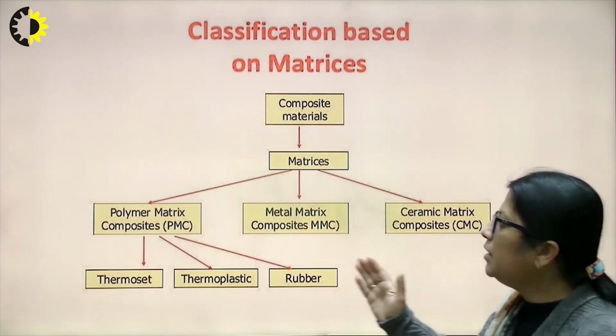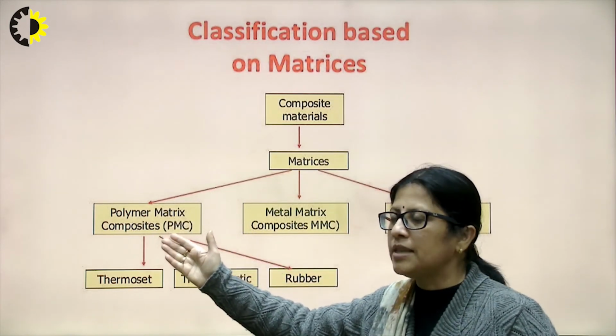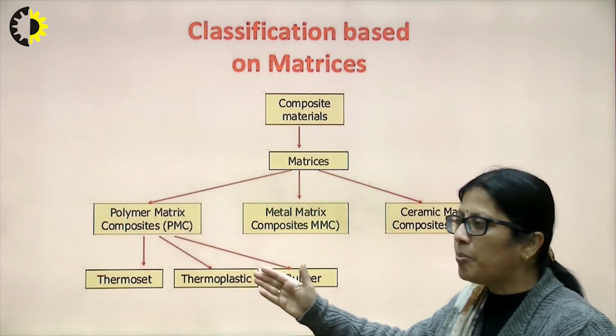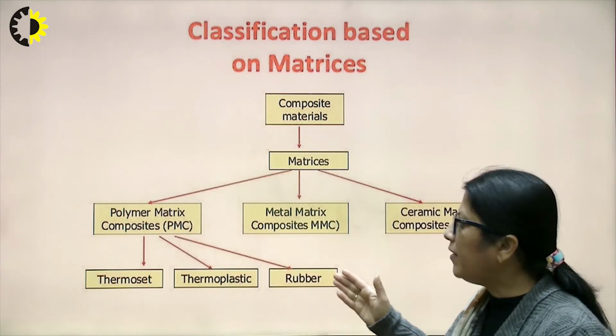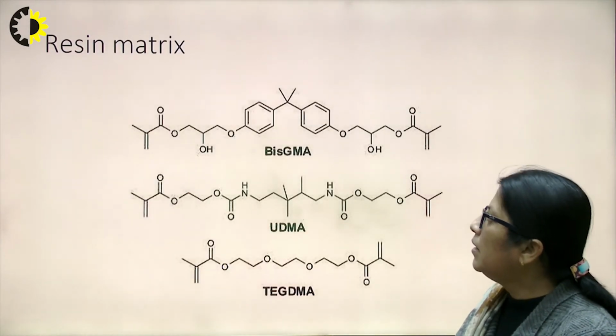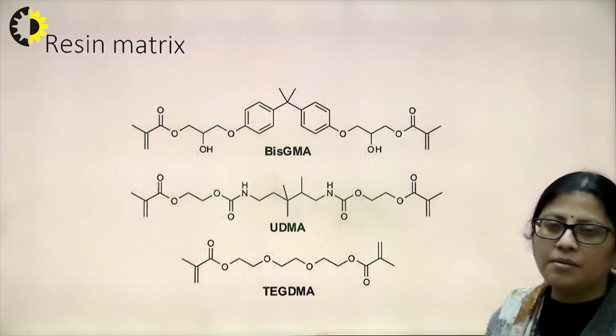And further, the polymer matrix composites can be classified as thermosetting, thermoplastics, and rubber. Now this is our example of a resin matrix.